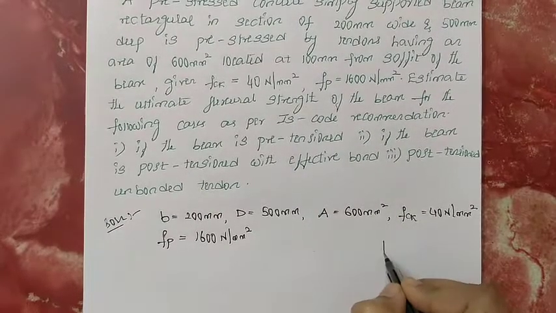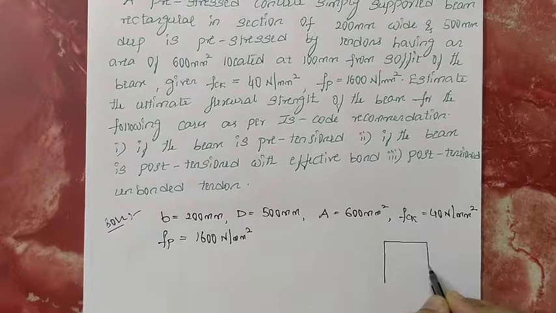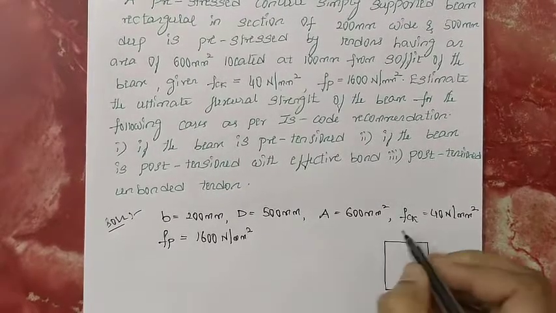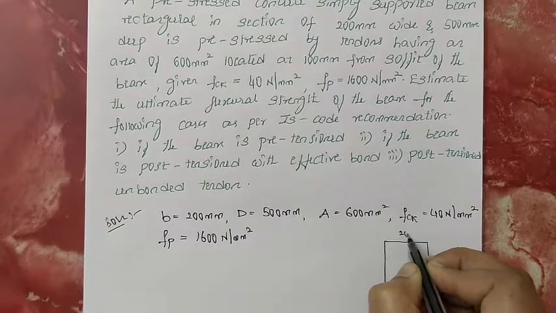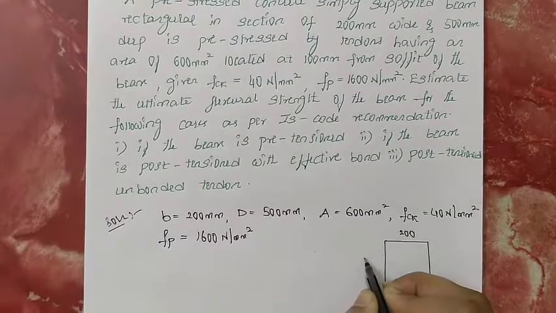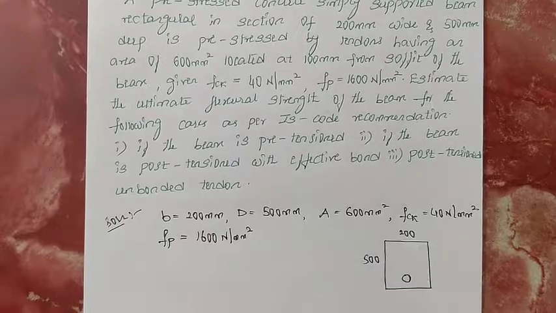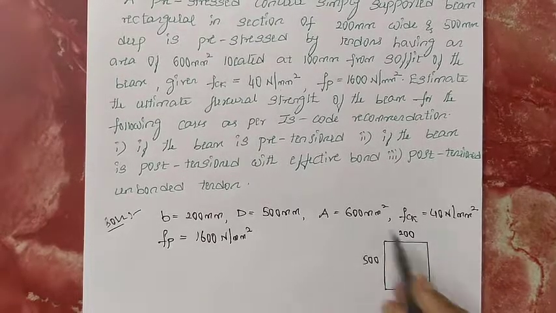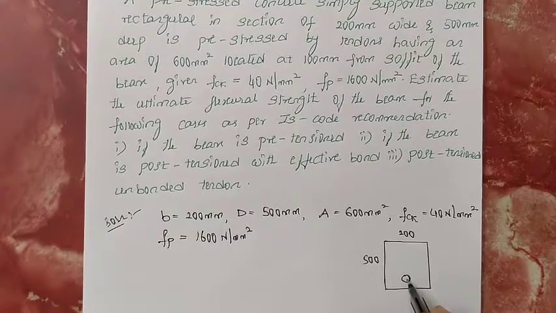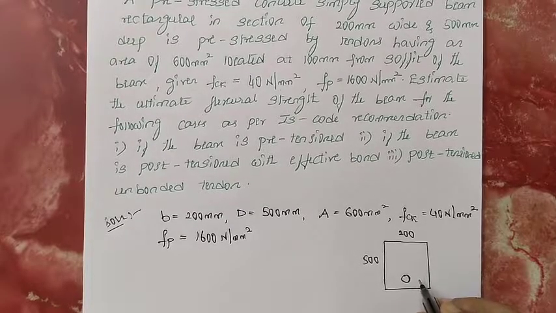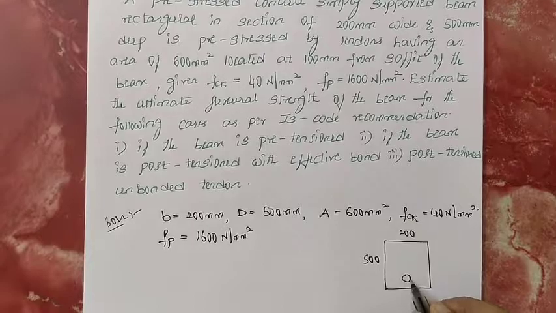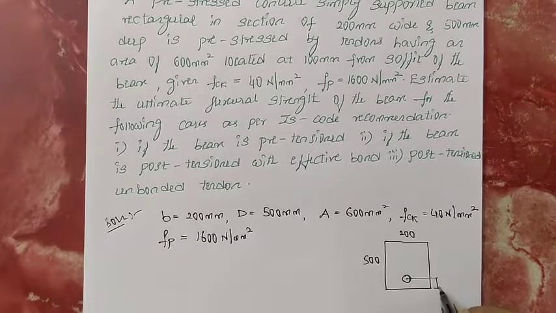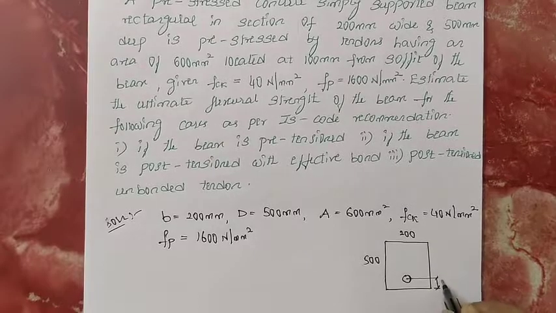I'm going to write down the cross-sectional dimension of the beam. This is the tendon. Width is 200 mm, depth is 500 mm. The tendon, which has an area of 600 mm square, in the cross-sectional view, is located 100 mm from the soffit of the beam.